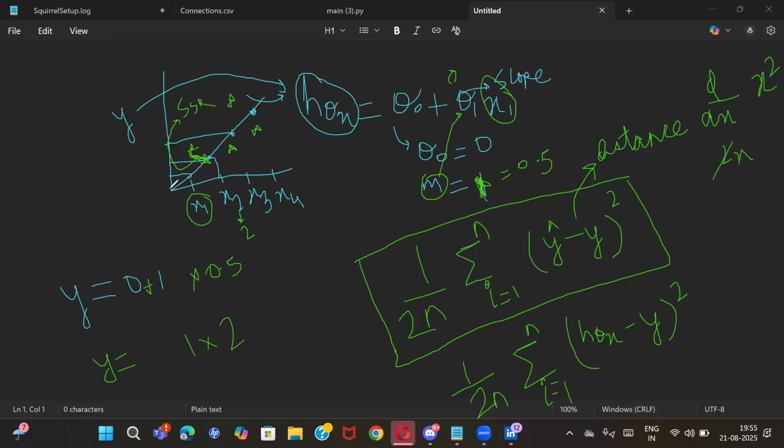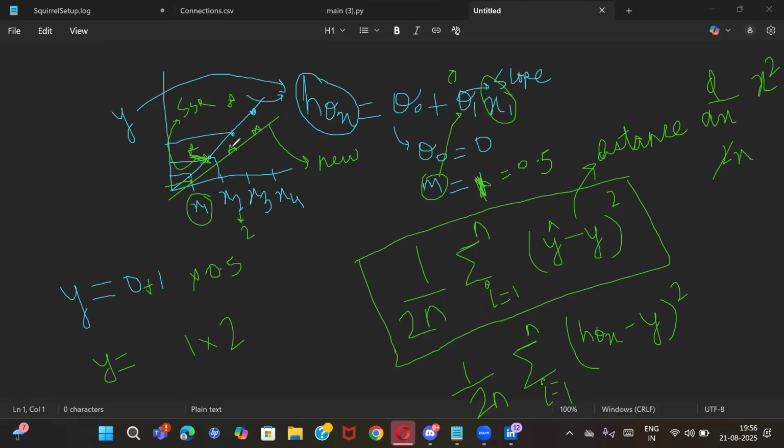Y will come somewhere around here. If we execute this, you will get a line like this. This will be the new predicted line.